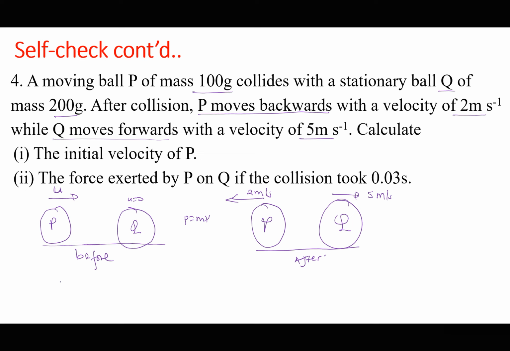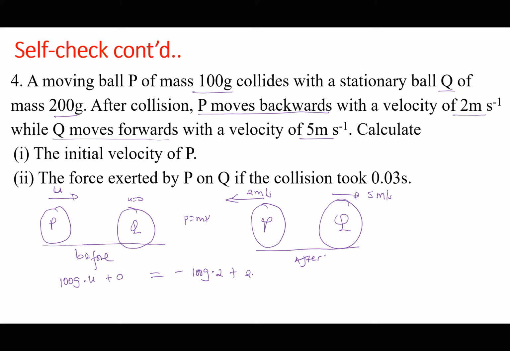So for P, it will be mass 100 grams times its velocity U to the right hand side plus 0 is equal to, after collision, because this is in the opposite direction, to be negative, 100 grams times its velocity, which is 2, plus, for Q, it is to the right hand side, will be positive.